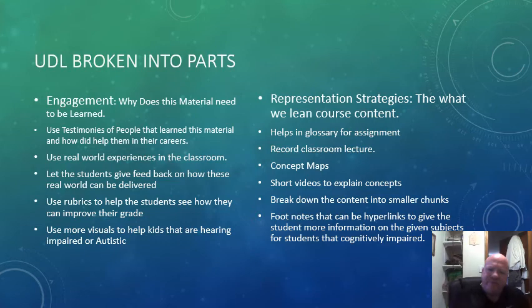The representation strategies could be a glossary for assignments, recorded classroom lectures, concept maps, short videos explaining, and then breaking those into chunks. If you have a bigger concept or teaching that you have to do, break it into smaller steps so they can get the continuity of what they're trying to learn.